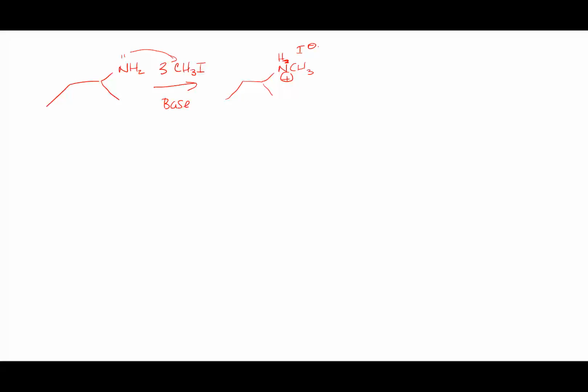So this is always what happens when we alkylate an amine, we always end up with an ammonium salt. And the ammonium salt means there's an ammonium, and then whatever halogen we kicked off hangs around as the salt.